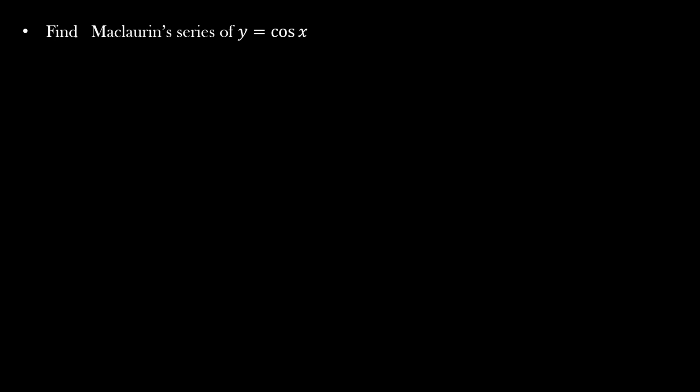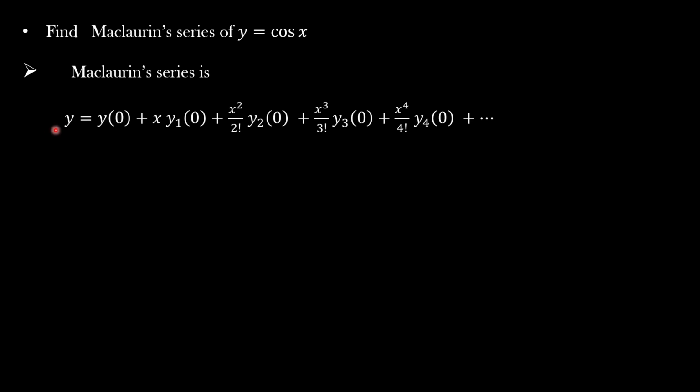Next problem, find Maclaurin series of cos x. Maclaurin series is given by y is equal to y of 0 plus x into y1 of 0 plus x square by 2 factorial into y2 of 0 and so on. Y is cos x implies y of 0 is 1. y1 is differentiate y with respect to x and derivative of cos x is minus sin x.